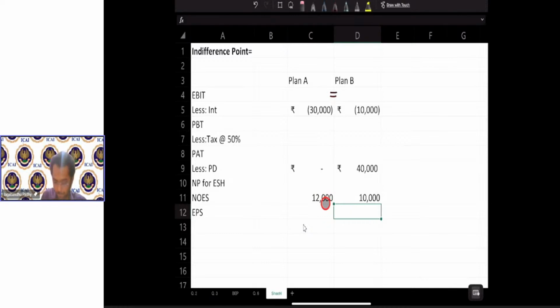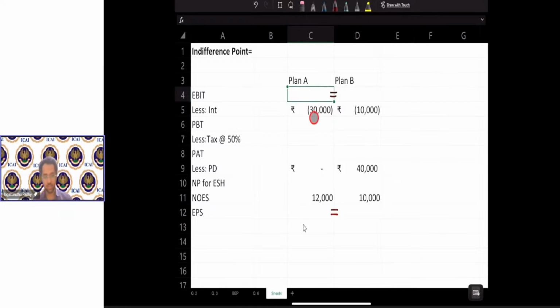Now we are talking of a level of EBIT at which earnings per share for both plans is going to be the same.